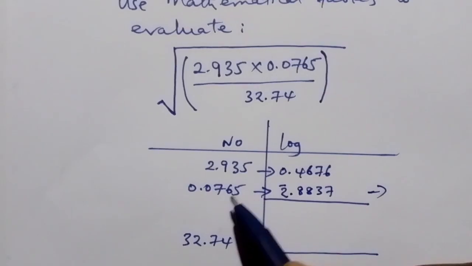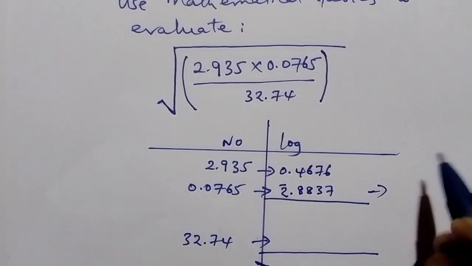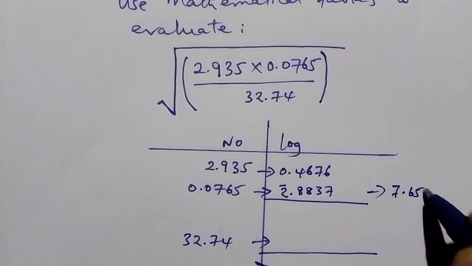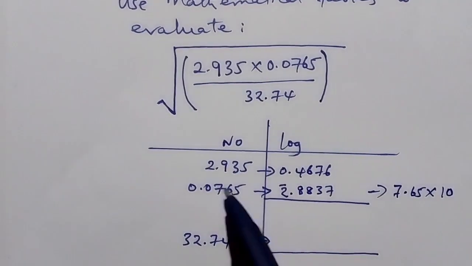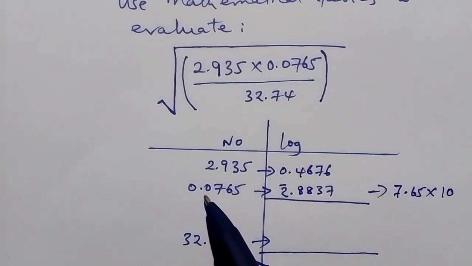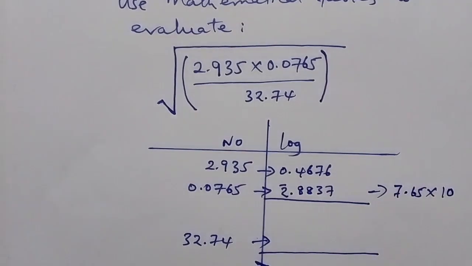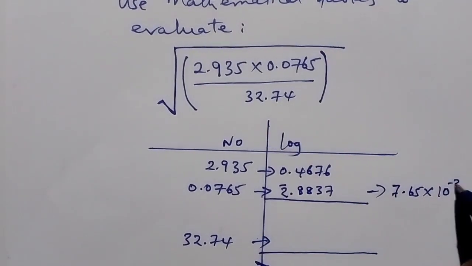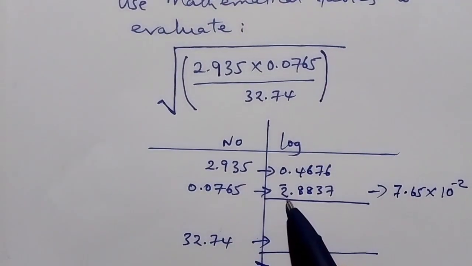We can write 0.0765 as 7.65 times 10. We move the decimal places 1, 2, to the other side, so it is 10 power negative 2, and this negative 2 becomes bar 2, which is here.